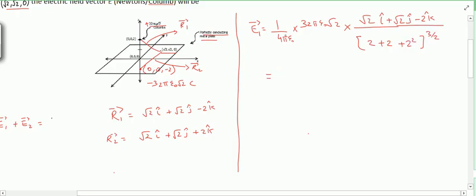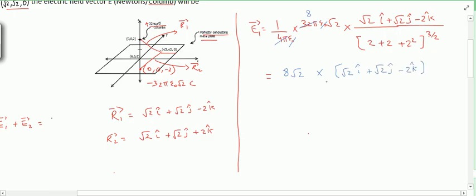So let's cancel the terms which are getting cancelled here. You can see that 4 pi cancels, and this becomes 8, epsilon naught gets cancelled, so the only thing remaining is 8 root 2 into root 2 i cap plus root 2 j cap minus 2 k cap.